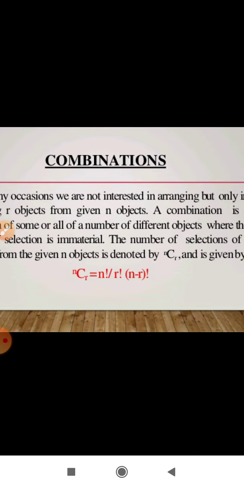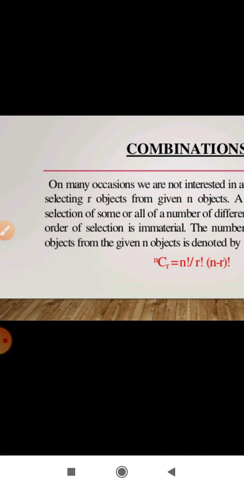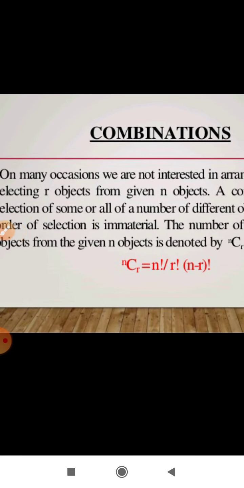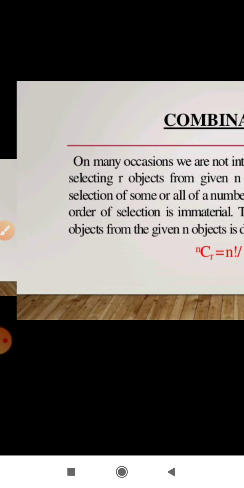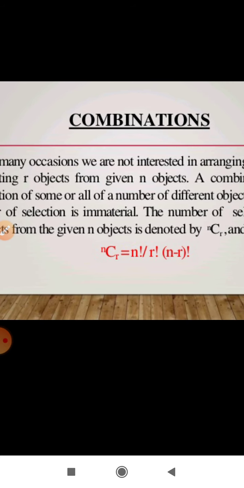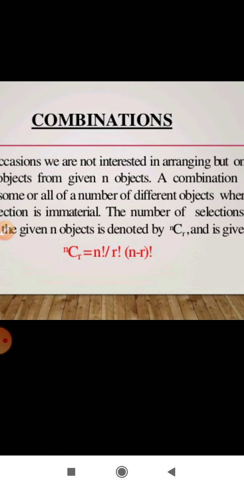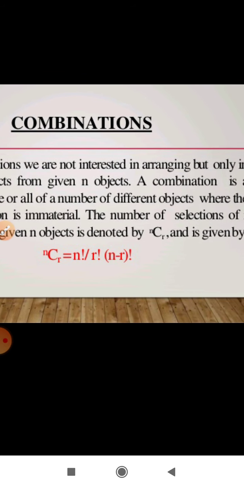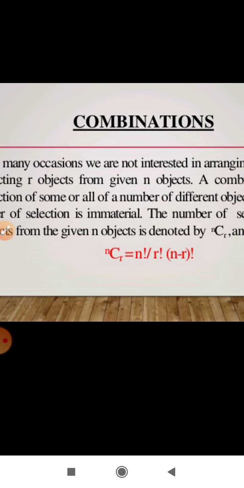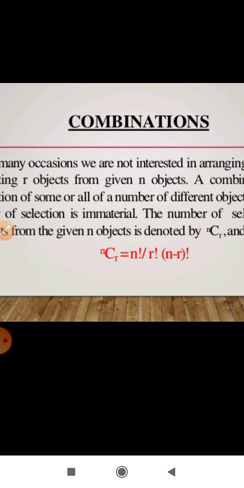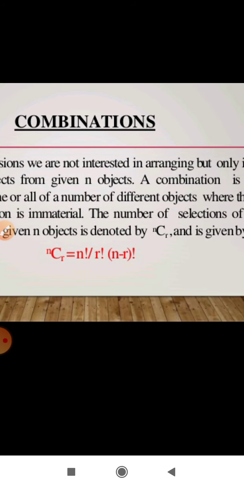So, first of all, the definition of combination: on many occasions we are not interested in arranging, but only in selecting our objects from the given n objects. In combination, the selection process is done. In permutation, selection is not done.